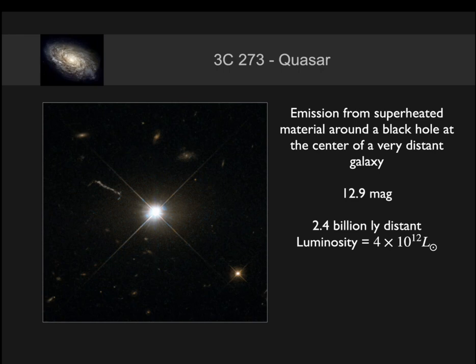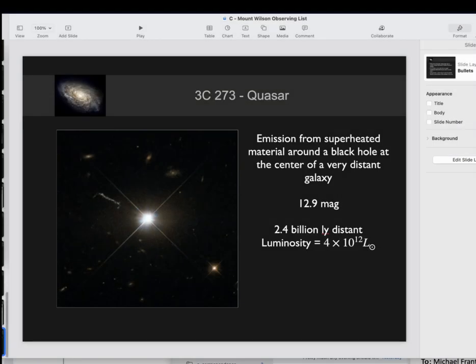For comparison, the total light given off by our entire Milky Way galaxy is maybe only 100 billion times that of our sun. So this quasar is giving off orders of magnitude more light and radiation than our entire Milky Way galaxy. And that's it.